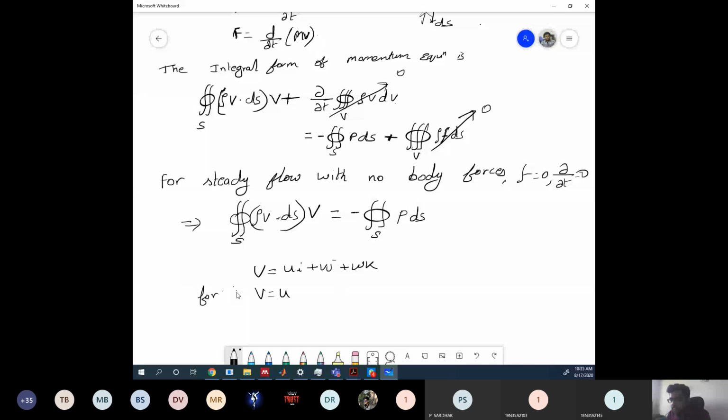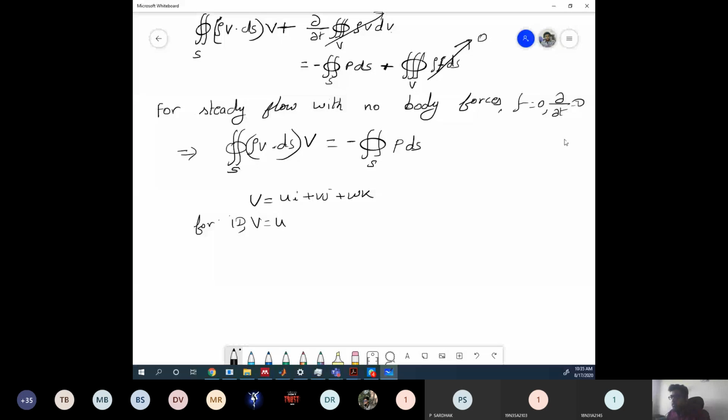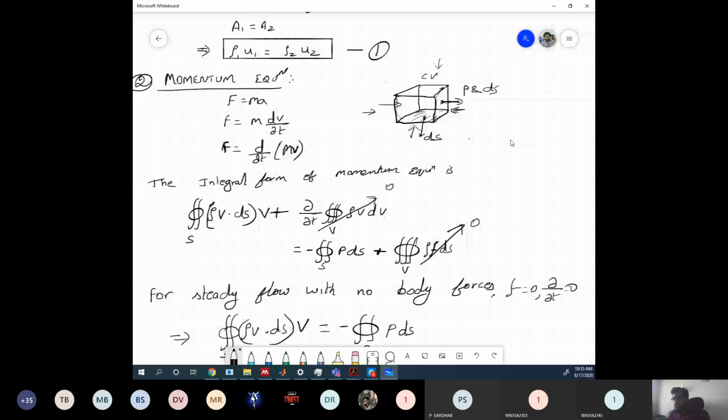So that means, can I write, taking the surface integral, you are adding over all cases. Let me bring this figure again. I'll paste it here.